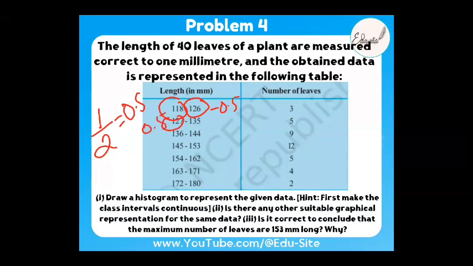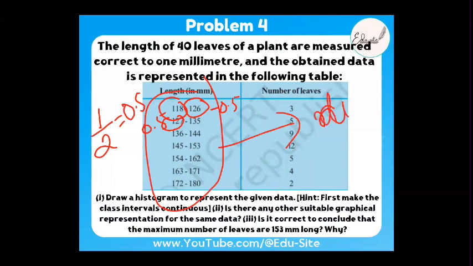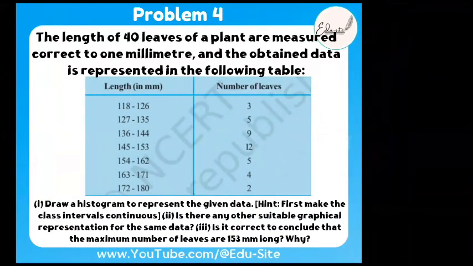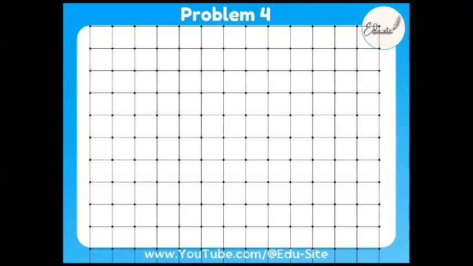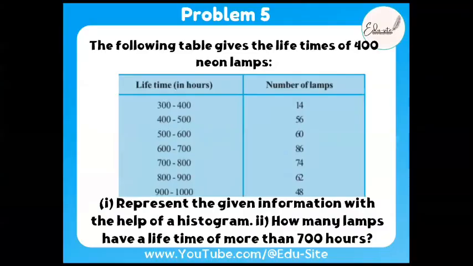This was the only problem which had this non-continuous, discontinuous class interval. Class intervals should be continuous in any histogram. To make it continuous, we just made a simple change: 0.5 was subtracted from the lower limit and added to the upper limit.